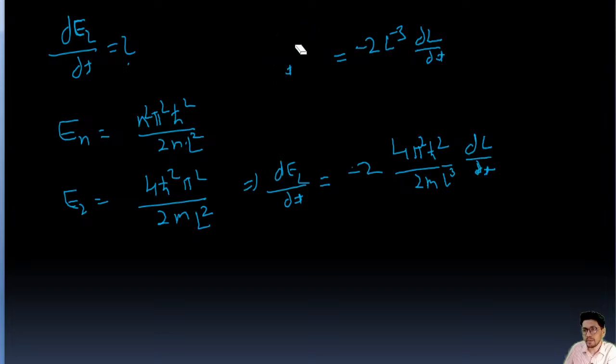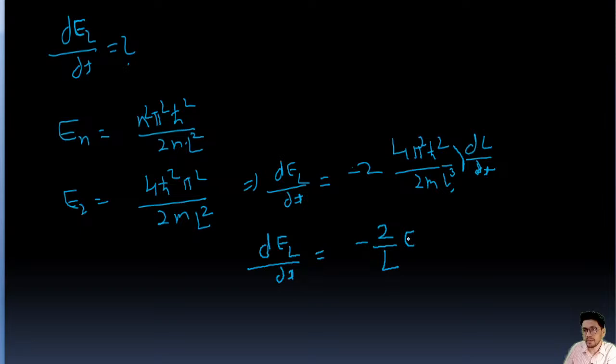Very simple differentiation. We can write it like this, and this value is E2. So dE2 upon dt is going to be minus 2 E2 upon L dl upon dt.